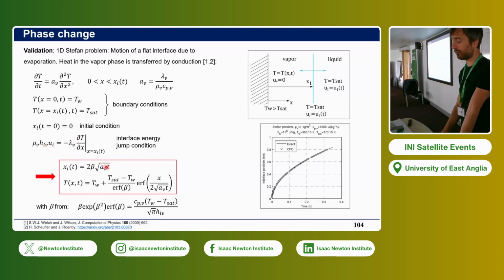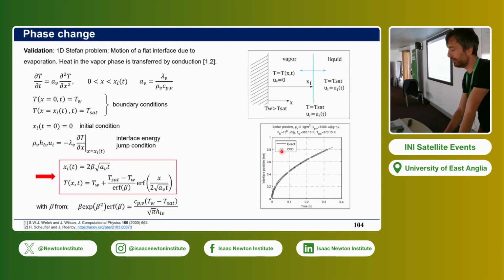There is an analytical solution, like I said. It gives you a location of the interface that moves to the right as a square root of time. Beta is a constant that depends on the fluid properties and wall temperature. And you have an analytical solution also for the temperature over space and time. You can use this analytical solution for the position of the interface to validate your simulation.